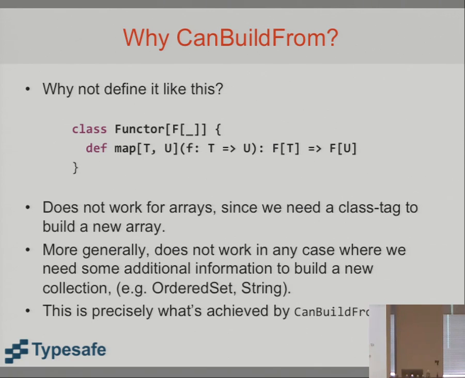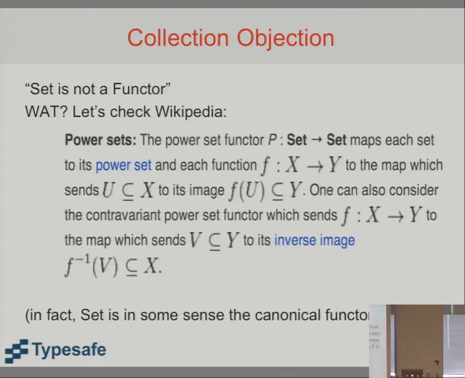And that means there are many situations where when you build a collection, you need some piece of extra information, whether it's an ordering function or a class tag, or you want to restrict the type, as for bit sets or strings, it's all the same thing. And all these purposes essentially are fulfilled by can build from. So that's why it is the way it is.